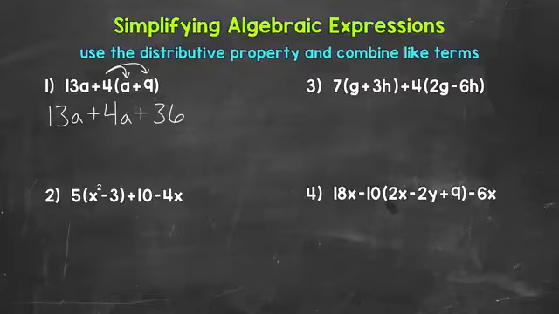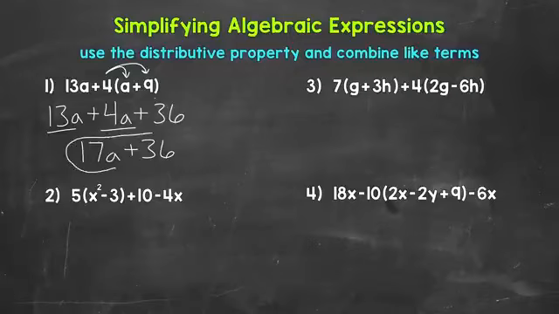Now that we removed the parentheses, we can look to combine like terms in order to simplify this further. So do we have any like terms that we can combine? Yes, 13a and 4a are like terms, so we can combine those terms. 13a plus 4a is 17a, and then we have that positive 36, so plus 36.